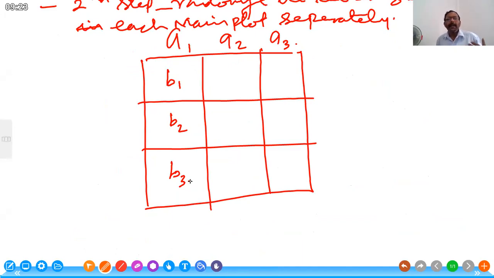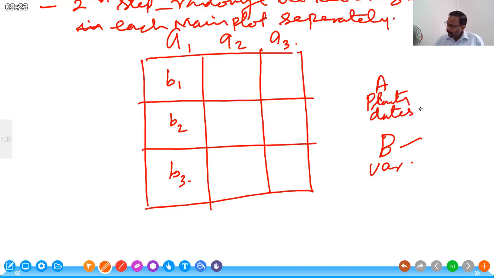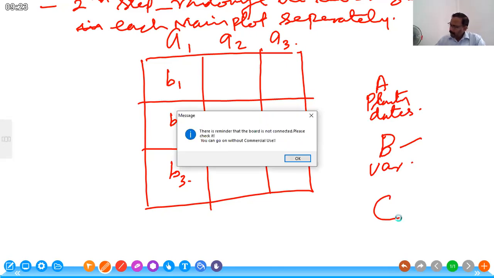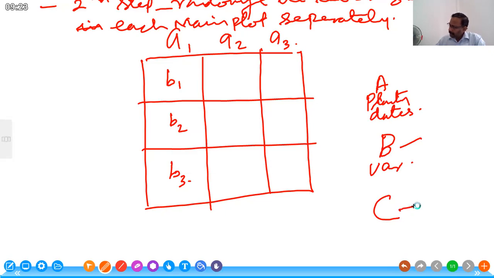Suppose B is variety and A is planting dates. Now, suddenly after 2 or 3 weeks of establishing, I want to introduce a new factor C, that is weeding.